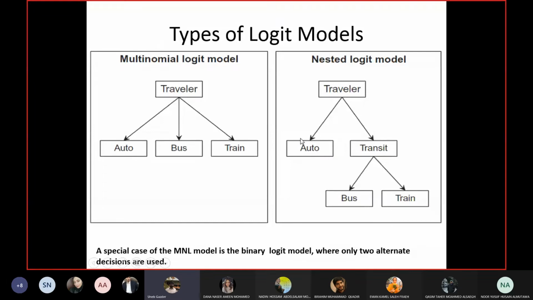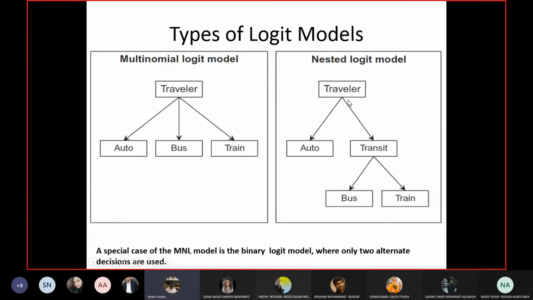For example, you have auto, and then within transit you have two choices, because bus and train are both different modes of public transport, so we call it transit. In a nested logit model, choices which are similar to each other, or which belong to the same category, are grouped together.